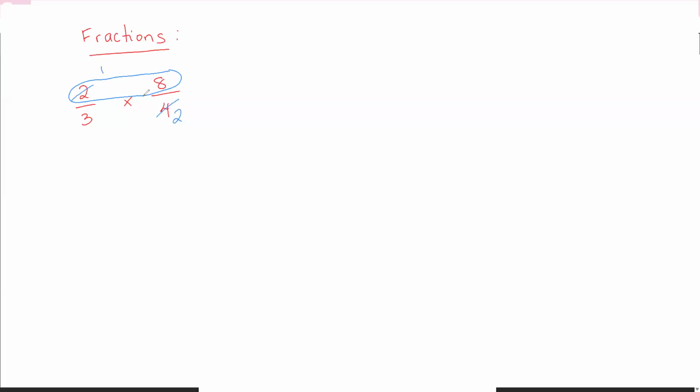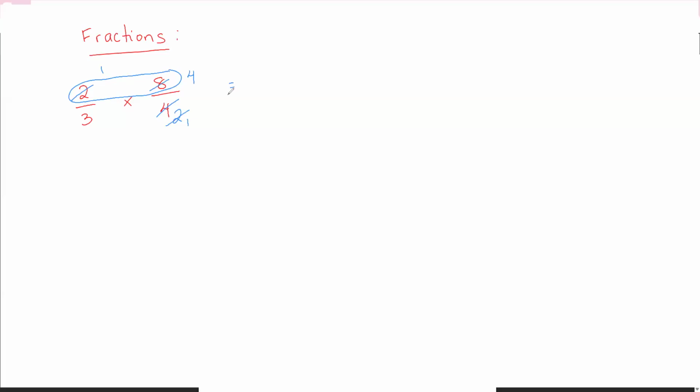So again, you're looking up and down. Are there any numbers that you see that share the same timetable? So I'm seeing 8 and 2. Both of them could be found in the 2 times table. So we're using 2 to break them down. 2 could go into 2 once, and 2 could go into 8 4 times.